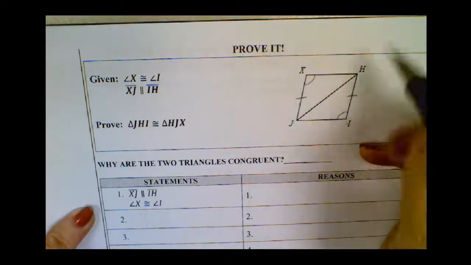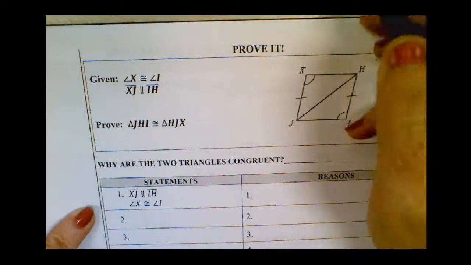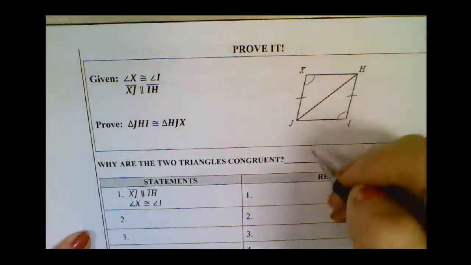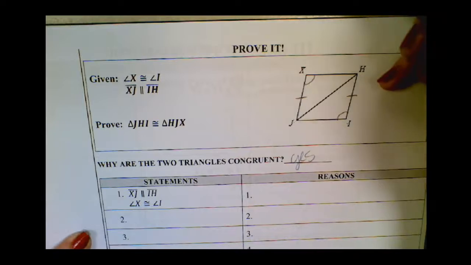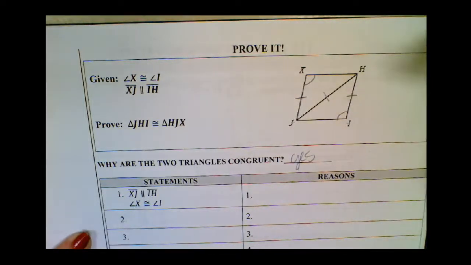So let's see what we have here. Let's see what we know about that. They are congruent. What do you know about this side here? We know that those are congruent because they're the same line.